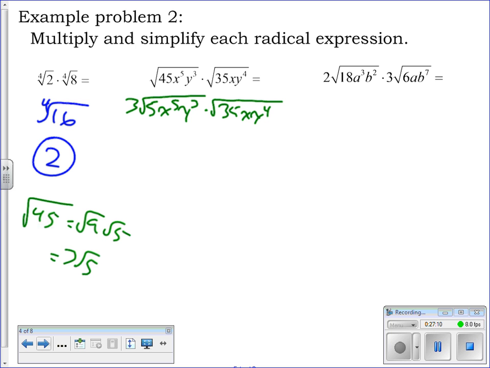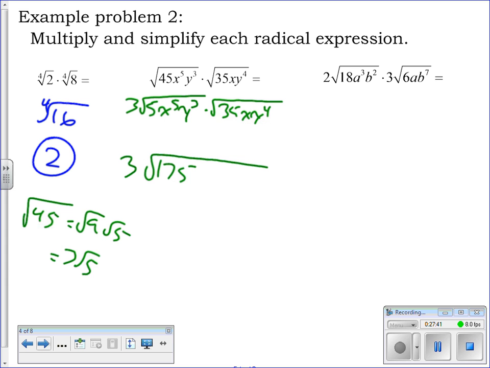There's a reason I did this, and you don't have to, but I'll explain my reasoning in a minute. Now multiply. Everything outside the radical stays outside the radical. Everything inside the radical stays inside the radical. So I still have a 3 out front, and then I have one big radical: 5 times 35, 175.